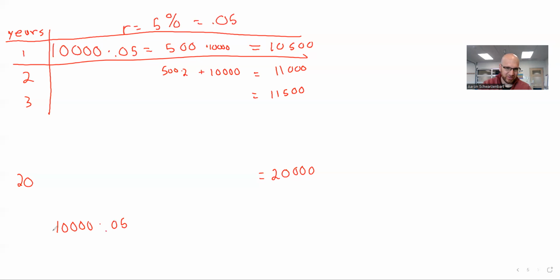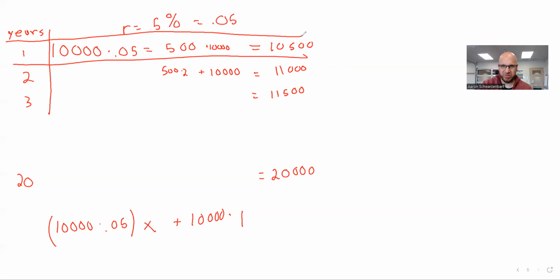That gave me my 500. I multiply that by my number of years, and then I add 10,000. Or 10,000 times 1. Because of the 10,000 being common here, I've kind of got that going on. So the 10,000 is here.